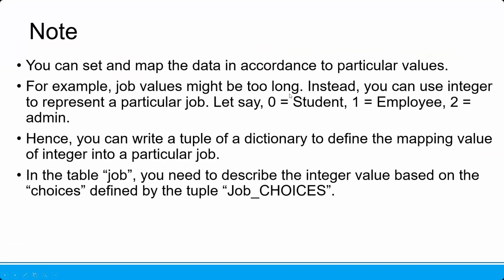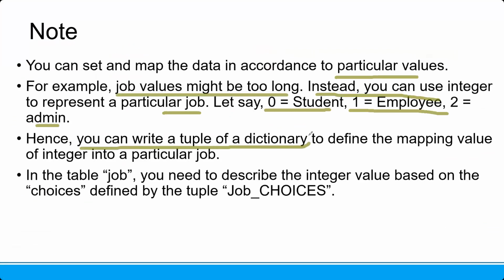And you can set and map the data according to particular values. For example, job values might be too long, so you can use an integer to represent a particular job. 0 is student, 1 is employee, 2 is admin. So you can write a tuple of a dictionary. If you understand Python, I hope that you understand the tuple.